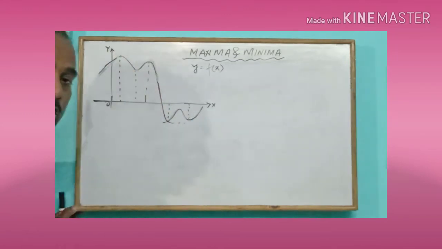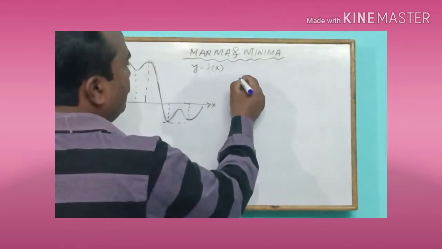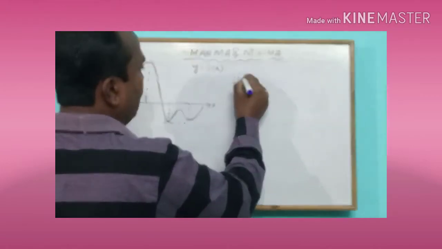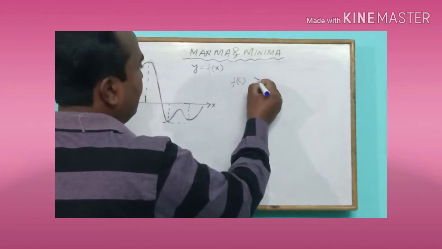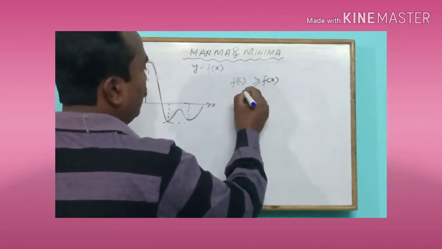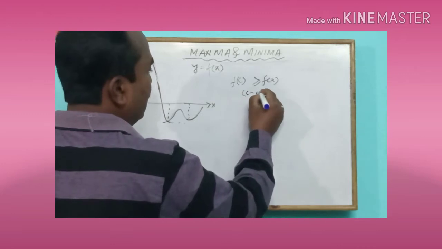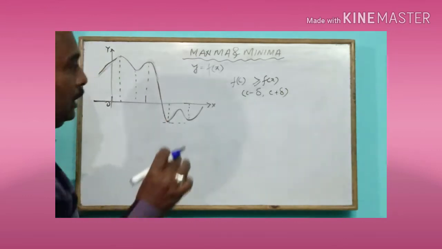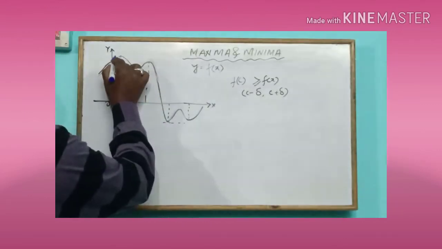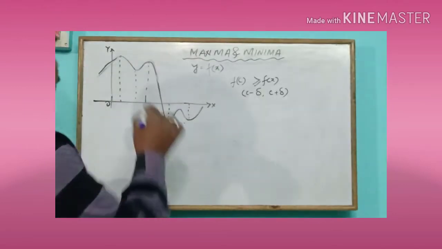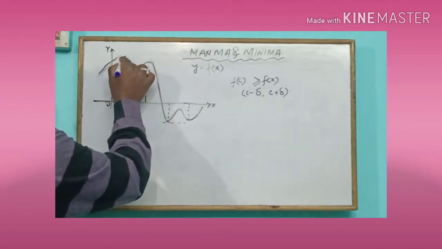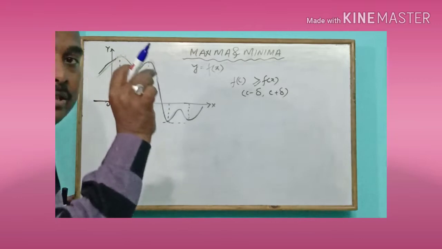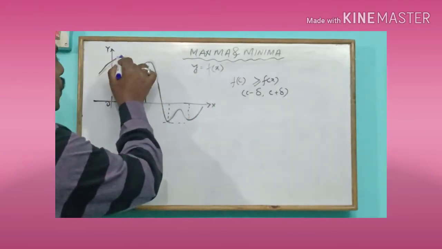So local maxima means there exists a point C so that f(C) is greater than or equal to f(x) in the neighborhood of C minus delta and C plus delta. Delta is a small interval beside C. If C is a point here, then this is C plus delta and this is C minus delta. In this interval, this is the highest, that is the peak. That is known as the local maxima.